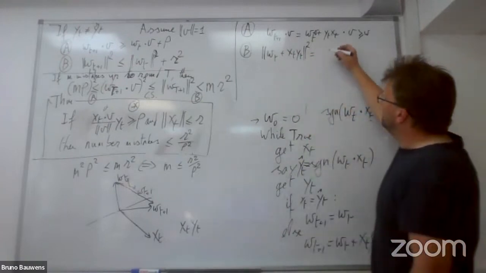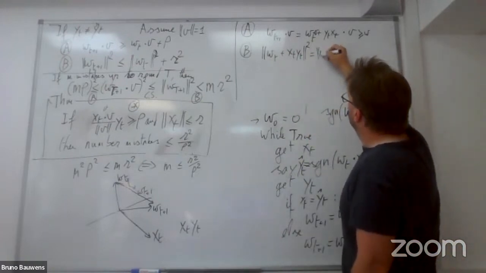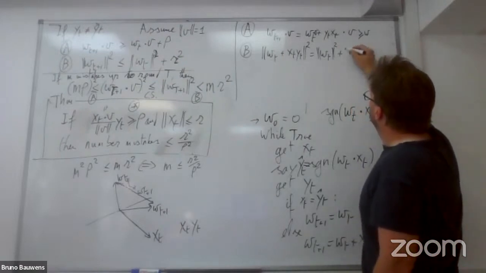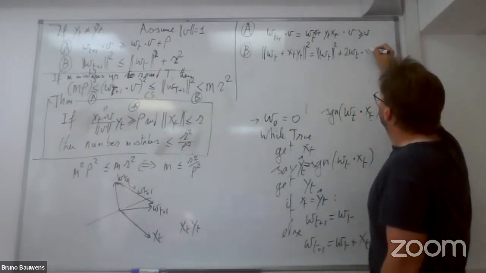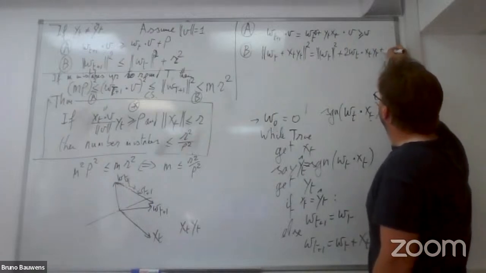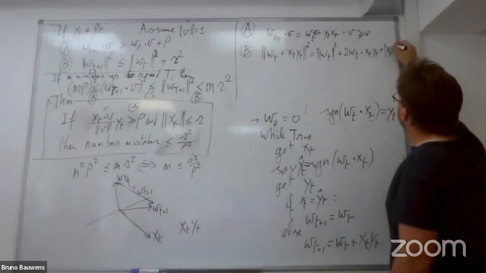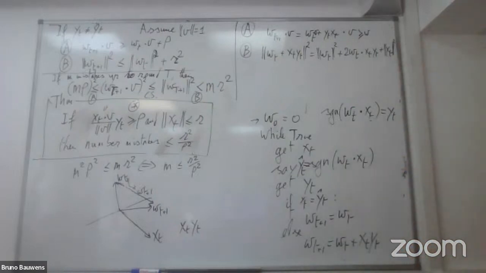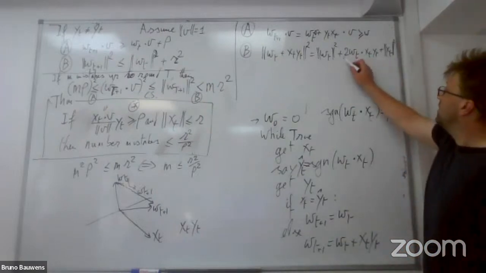Now let's expand: W T squared plus 2 times the dot product of W with X T Y T, plus X T squared. Now we know that this must be negative.